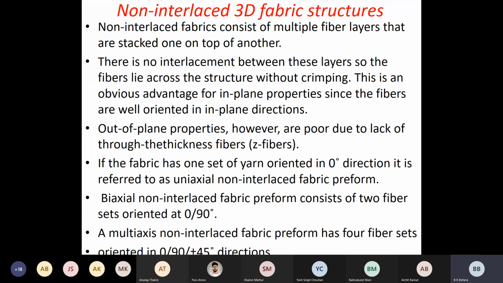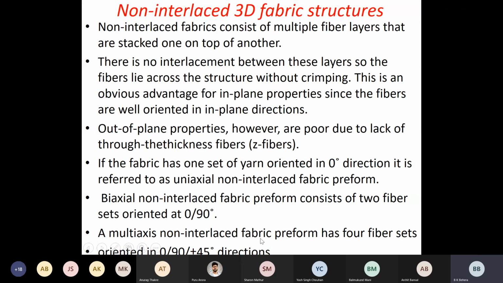Next point. If the fabric has one set of yarn oriented in 0 degree direction, it is referred to as uniaxial. If it is in both directions, like our normal fabric, we call it biaxial. Warp is in y-axis, weft is in x-axis. Or if you can make it in different directions, 0, 90 and plus minus 45 direction, we call it multi-axial fabric.